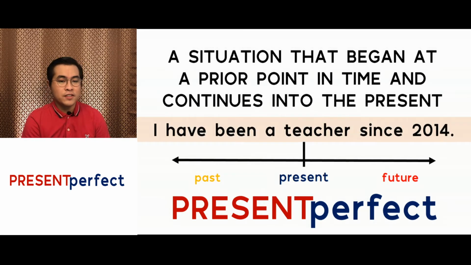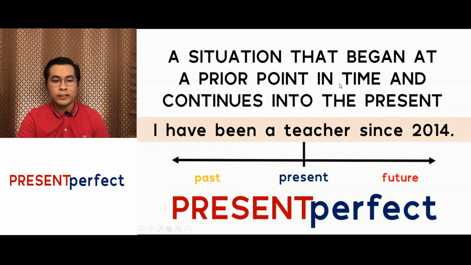Let's use this example to illustrate that core meaning. We have: I have been a teacher since 2014. As you can notice, a situation that began at a prior point. So what is that situation? The being a teacher of the subject.